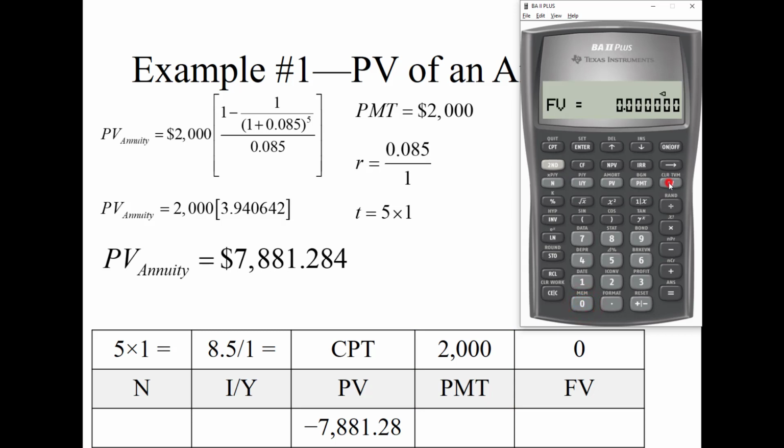And now we're going to compute our present value. And that cash flow is going to show up as a negative amount. And the reason it's a negative amount is because it assumes that we would have to pay for it or invest a certain amount in order to receive those $2,000 payments.